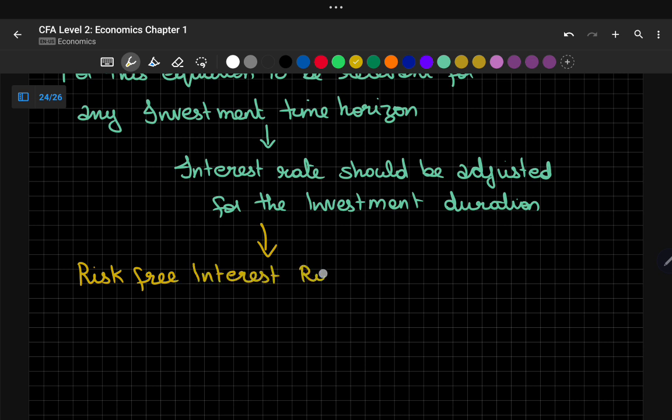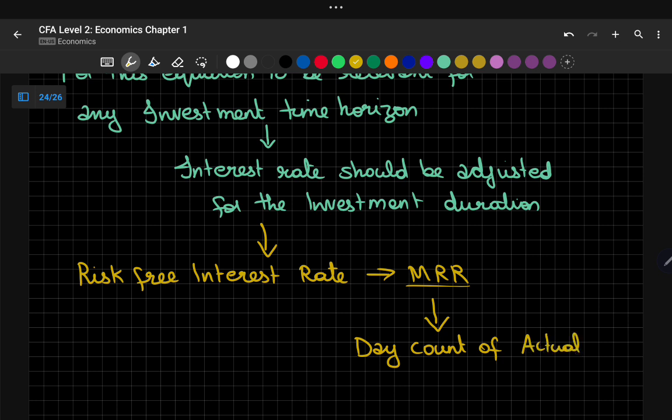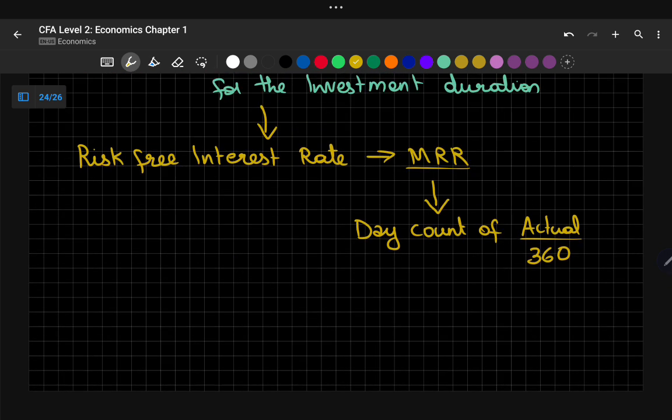The interest rate is usually considered as MRR, that is market reference rate. Now in the case of market reference rate, it usually uses a day count of actual by 360. So when we are calculating MRR, we take the time duration, the day count, as actual by 360. Here 360 is considered as 1 year, so we consider that 1 year has 360 days.